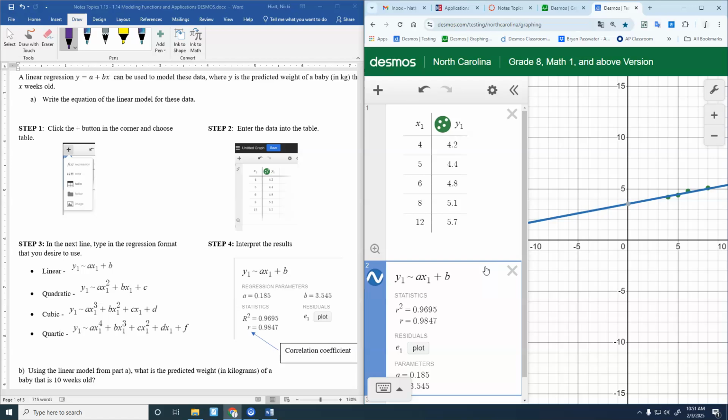The squiggle is shift and that key up there next to the 1. And then ax1 plus b. If it gives you an error, most of the time you have either forgotten to do a squiggle instead of equals, or you forgot to put a 1 behind either your x1 or your y1. And it automatically pulls up your results.